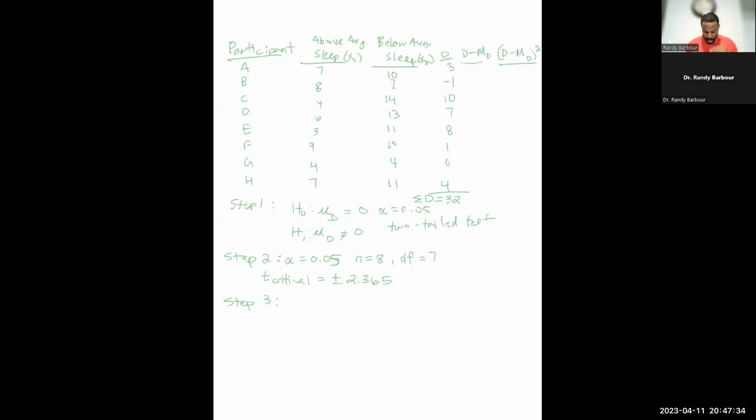All right. So now, first thing we're going to do, we got to calculate our mean difference. So we got our difference score here. Okay, the sum. So our mean difference is just going to be 32 over 8, which is going to give me 4. All right. So in order to find my sum of squares, we're going to have to do my difference scores.